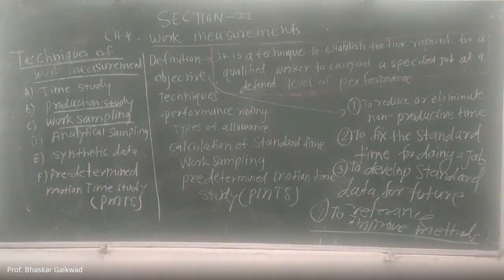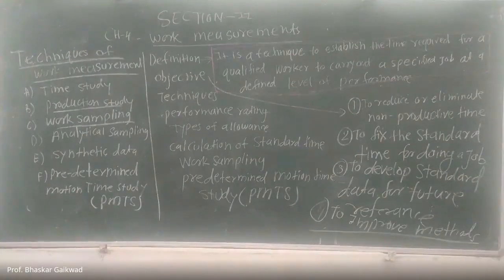Then analytical estimating means certain values and mathematical relations are required, and on this basis we can decide the work measurement. Then synthetic data means data that is actually required to decide the work measurement. Predetermined motion time study: here we require a camera to record the motions of particular legs or hands and how much time is required for them, and you have to preserve that.